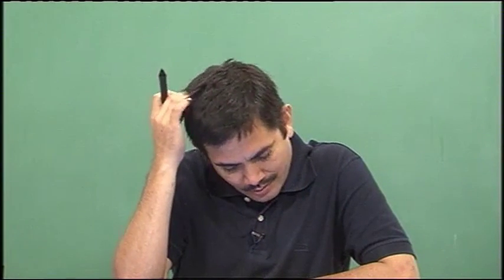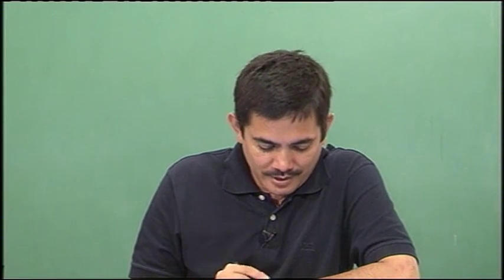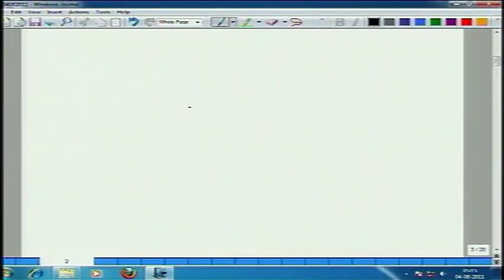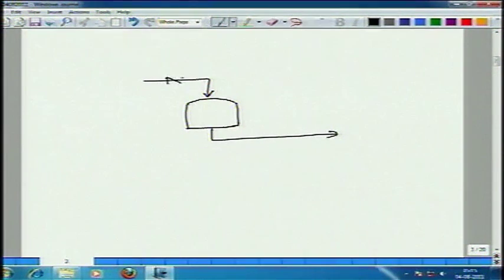Okay. Now let us get to the next point. Next point is, I want to throw something at you, food for thought. Start again with the tank. We can count the degrees of freedom. Degrees of freedom is 1. By default, I have always been doing this.